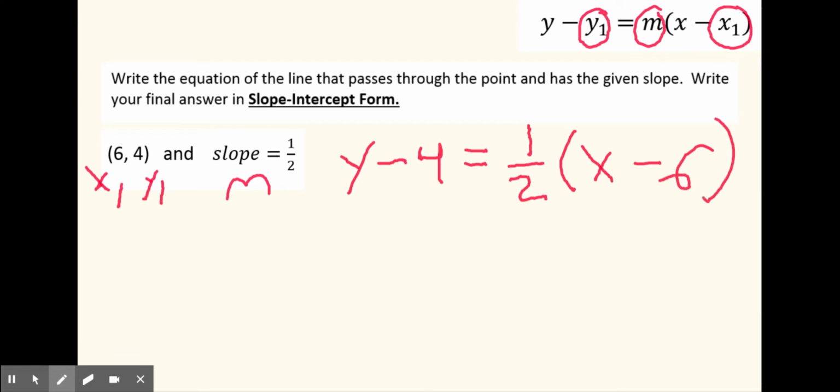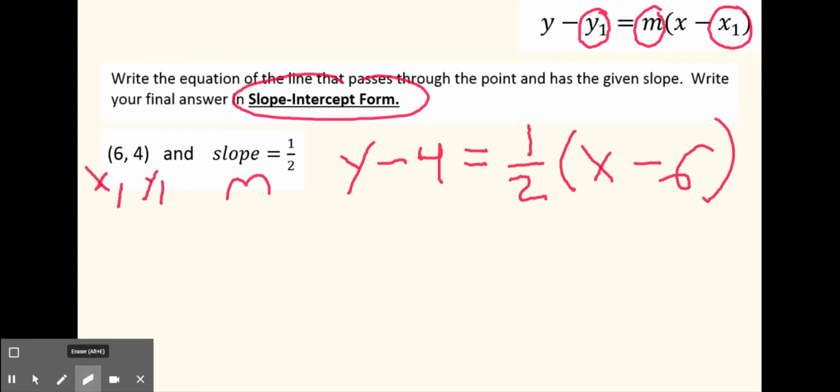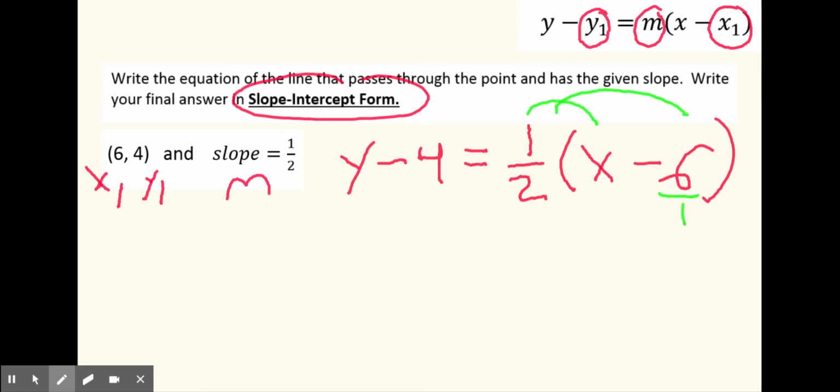All right, let's go ahead and distribute and solve for y to get it into that slope-intercept form. Let's say we distribute that 1/2. This time, since we're dealing with a fraction, any number that's not a fraction, it's important to know that's really over 1. We just know, okay, 1/2 times x is 1/2 x.